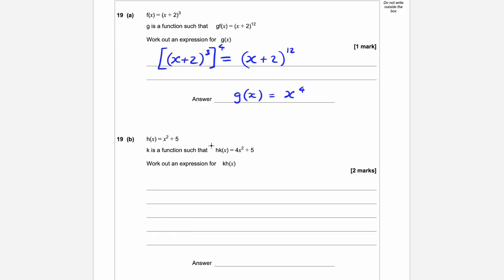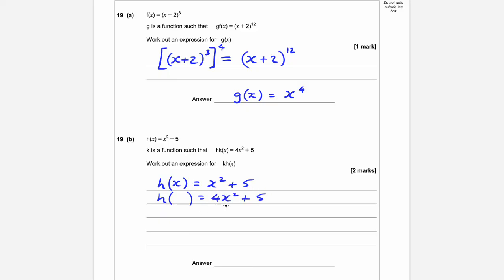Okay, so essentially, guys, what we're going to do is say, what do we input into h to get to this? H of x is equal to x squared plus 5. H of what is equal to 4x squared plus 5?